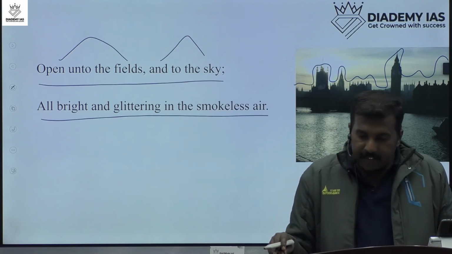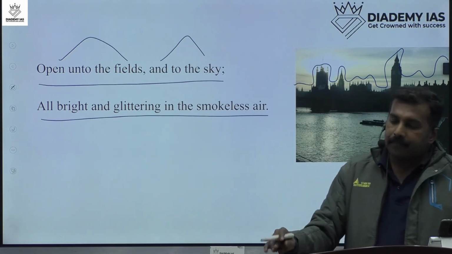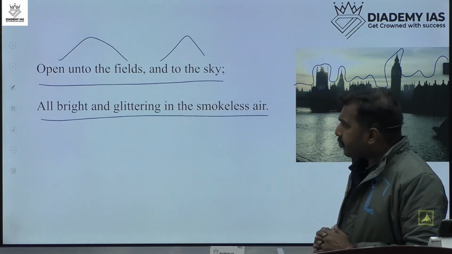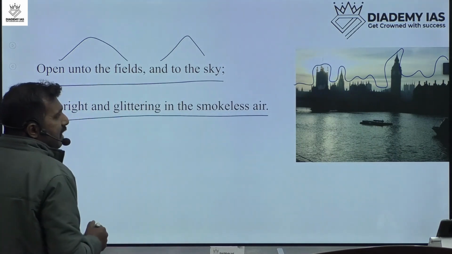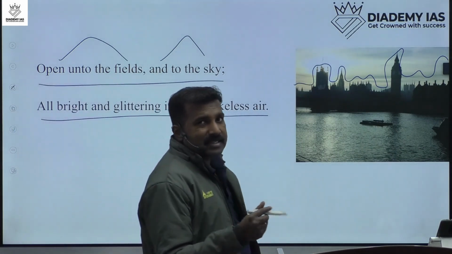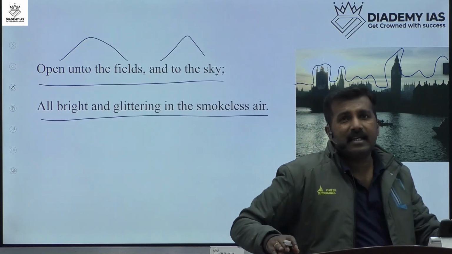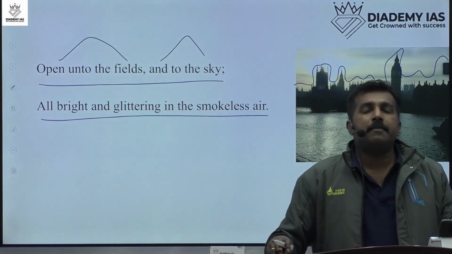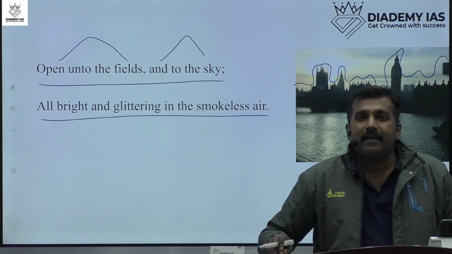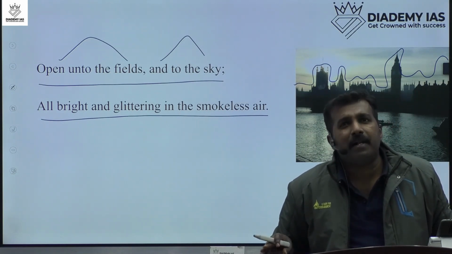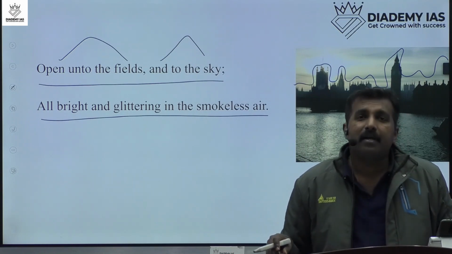Okay. Then next one is all bright and glittering in the smokeless air. That means that this is an early morning time and the city is not in rush and people are sleeping. Okay. And all the people, it's a resting time.